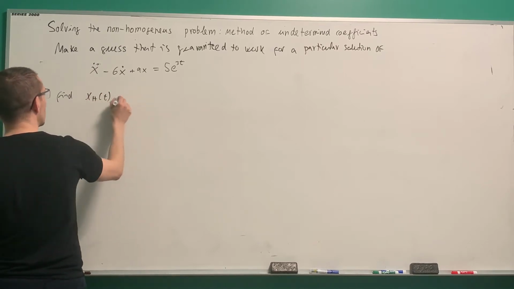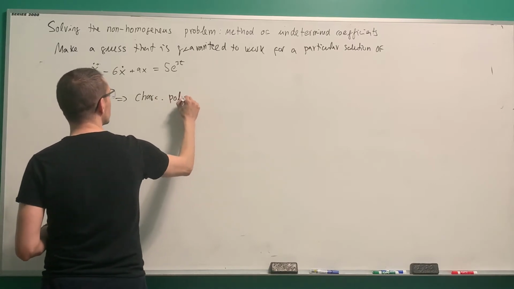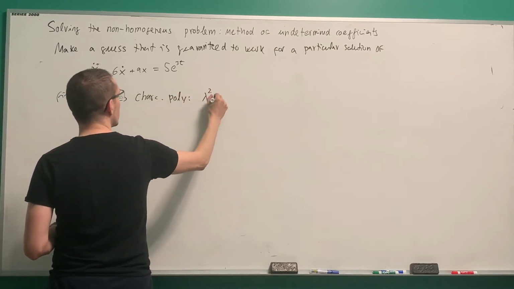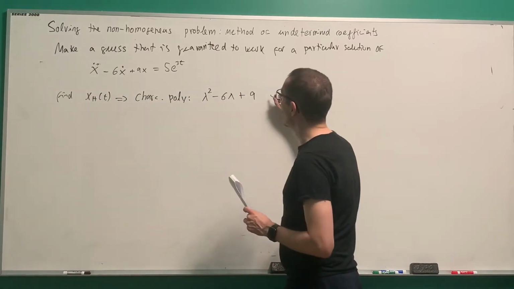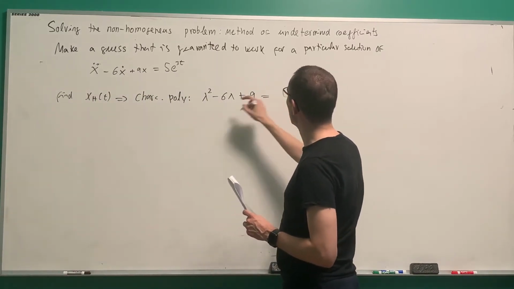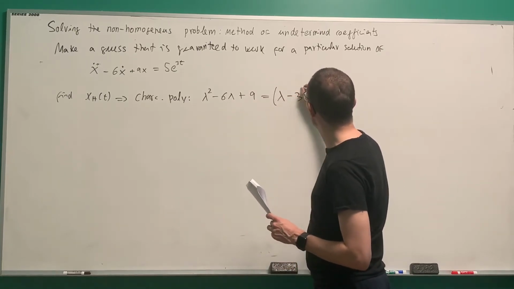How? Well, the characteristic polynomial. The characteristic polynomial, in this case, is lambda squared minus 6 lambda plus 9. Right? And this is actually easy. It is (lambda minus 3) squared.